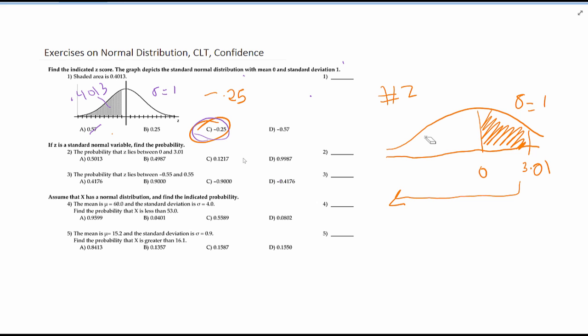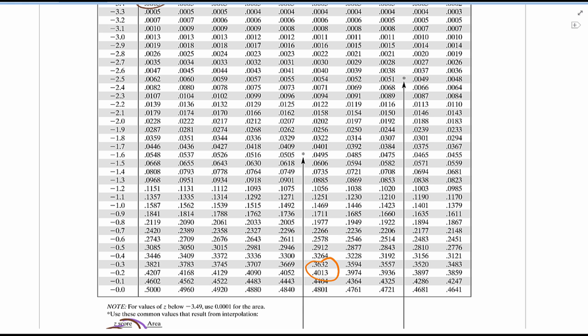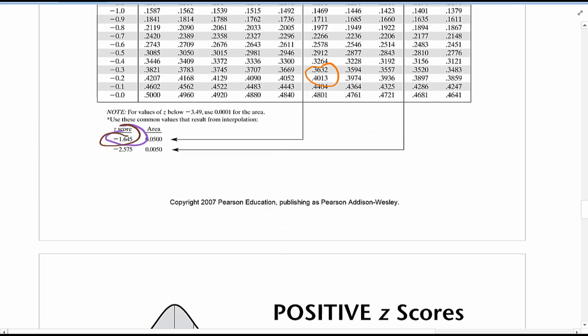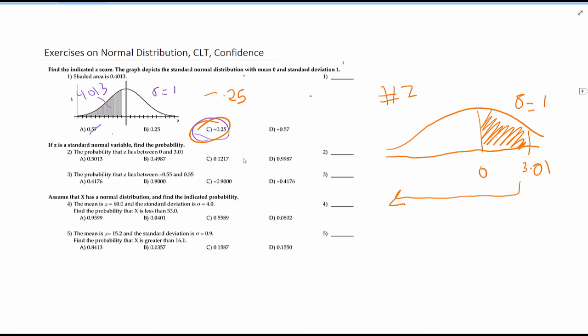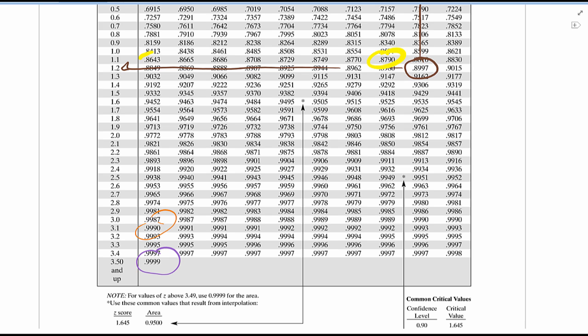So we go to read the positive table at 3.01. Oh no, it's 3.01.